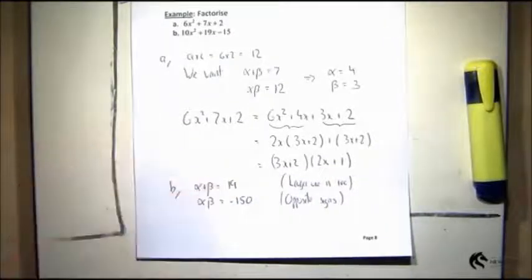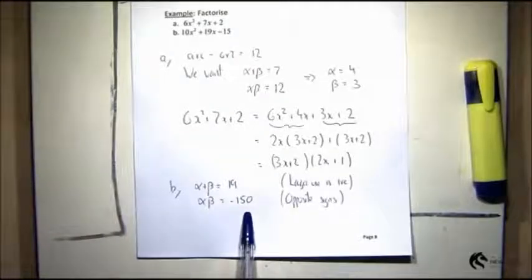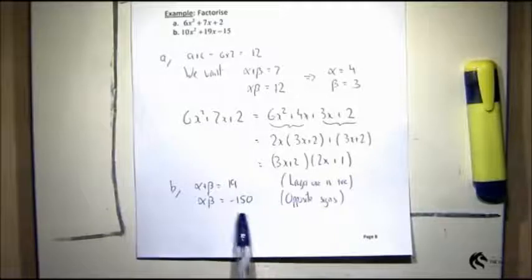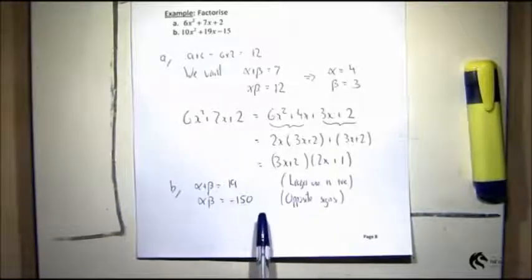So I keep going through and trying all the factors of 150 that I can think of. 150 and 1, 75 and 2, 3 and 50. 4 doesn't go into it. 5 and what will it be? 30. 6 goes into that. 6 and 25, isn't it? And that actually turns out to be the one that I want.